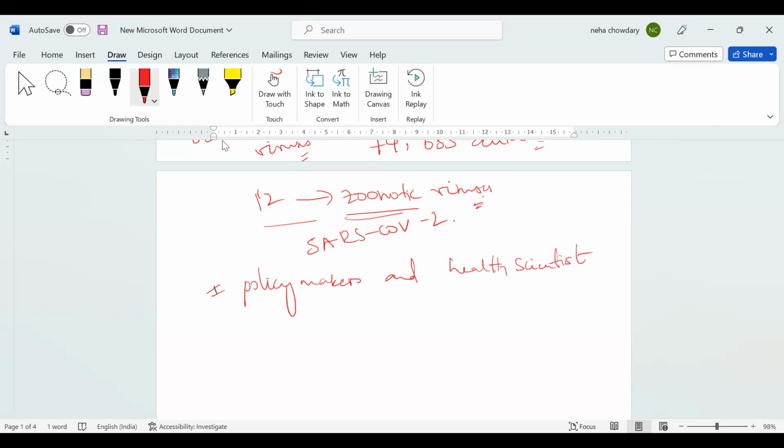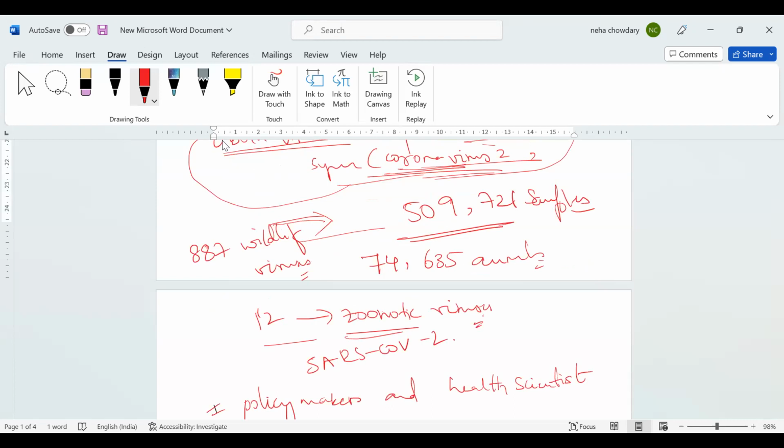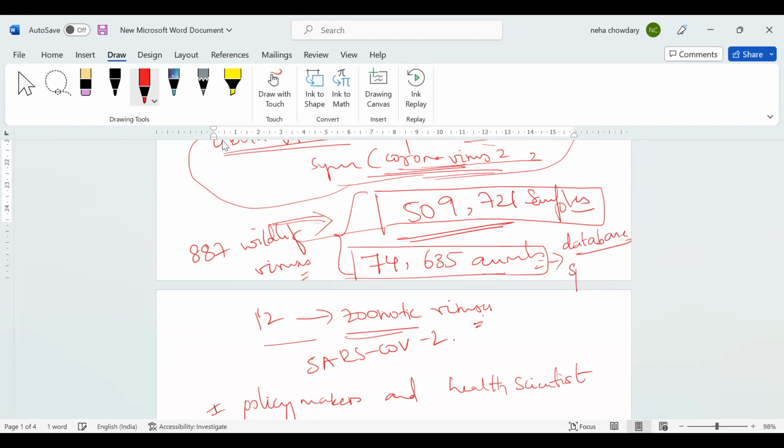So this data that they have collected, these 509,721 samples from 74,635 animals, the data was pushed into a database, and this database was called spillover.